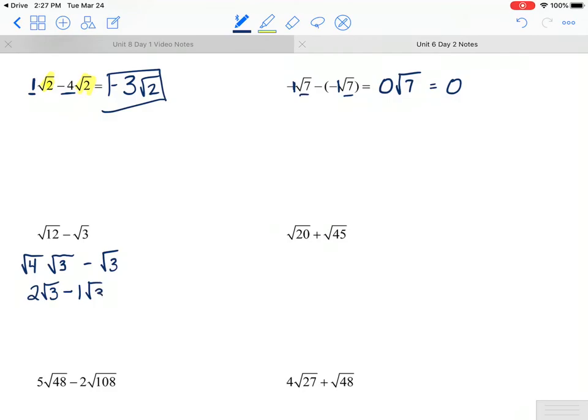There's an imaginary 1 in front of there. Radical 3. So again, combine your coefficients. So 2 minus 1 is 1. And then you're just going to bring over your like radical. So your final answer would be 1 radical 3. Or some people would just say radical 3 would be your final answer.